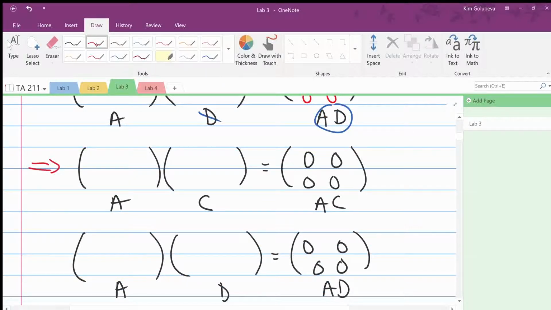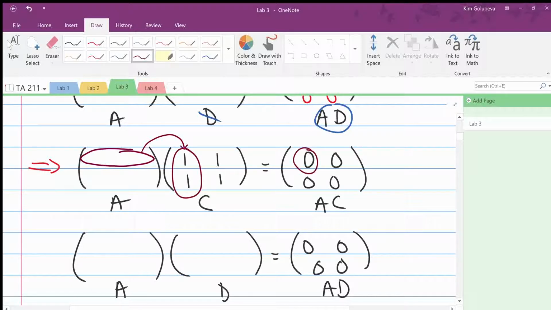So if I set C to something like this, which has all of the same entries here, then I just need to think of a way to get this row to be multiplied by this column here to give me this entry, to give me a 0.